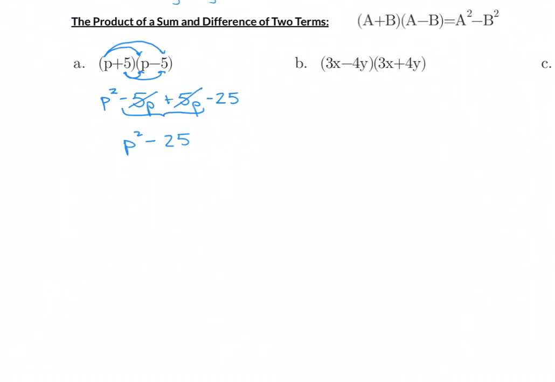All right, let's try another one. Let's try 3x minus 4y times 3x plus 4y. This is difference of squares still. So if we FOIL, we get 3x times 3x is 9x squared. Our outsides, we get plus 12xy.